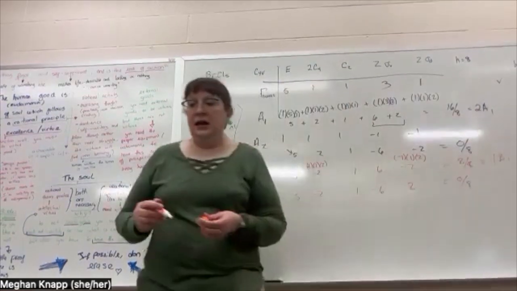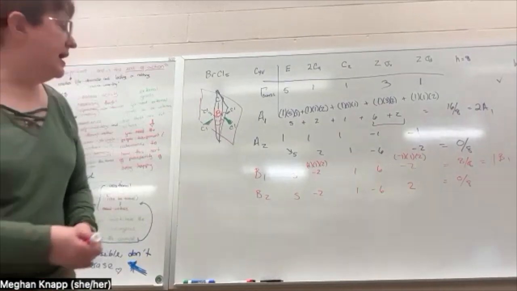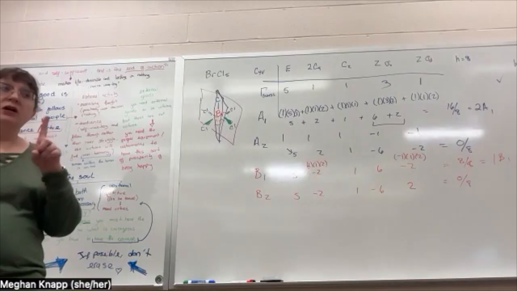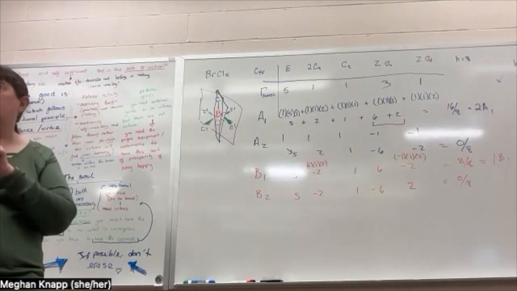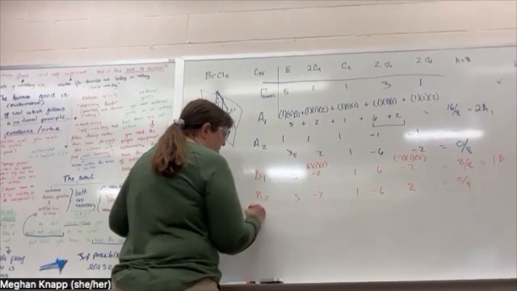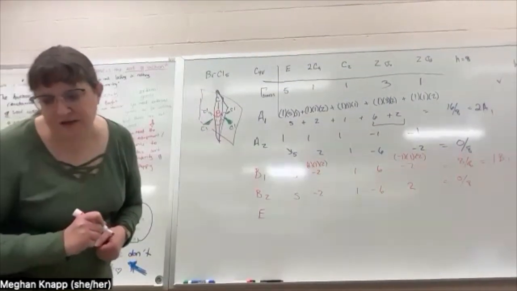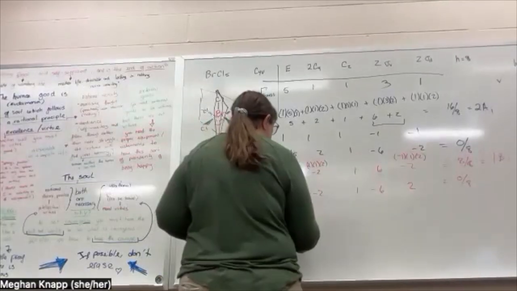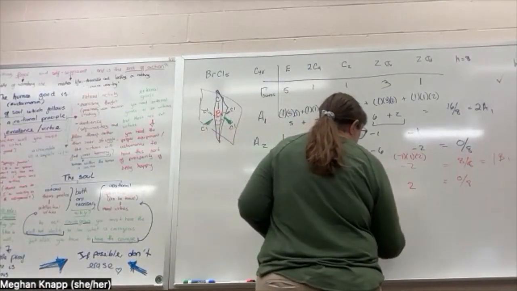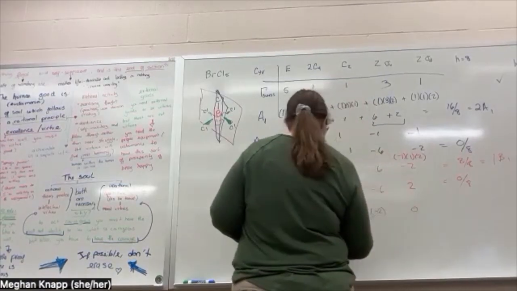All right. Now for the E, what we want to remember is that it is doubly degenerate. So if we have one of them, it counts as 2 of our modes. Okay. So for E, our characters are 2, 0, negative 2, 0, 0.